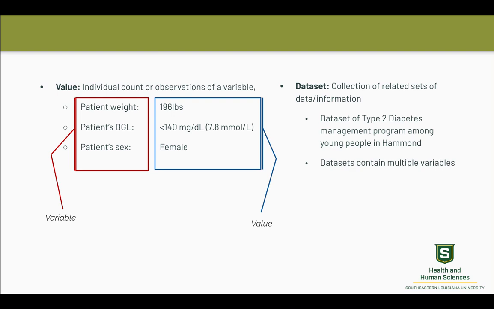Data sets generally contain multiple variables, which could go into the hundreds, depending on how large the data set is. Some data sets can also be small. You can have a data set with 5 variables, or you could be dealing with a data set with 100 or 200 variables.